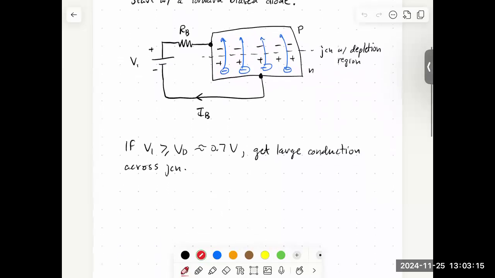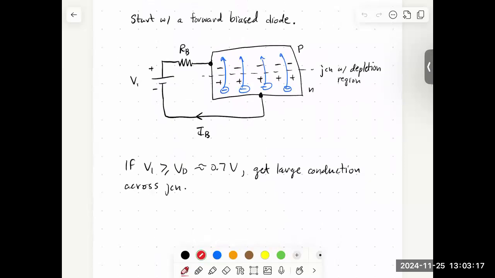The first thing we need to know about our transistor is that we are going to call these regions different things. Specifically, we're going to end up with a base, collector, and emitter. This region here, the P region, will be the base region, and that's going to be lightly doped compared to the other regions.